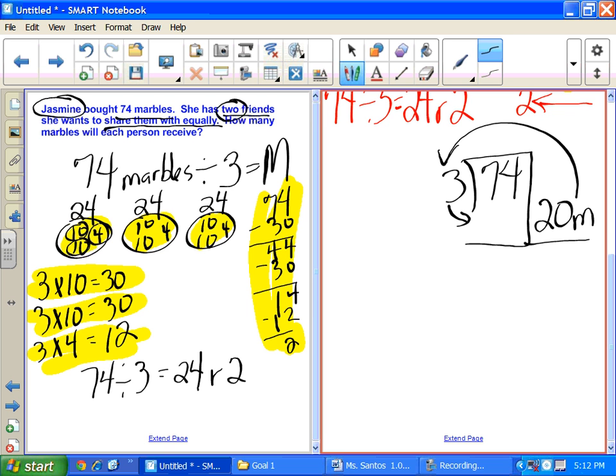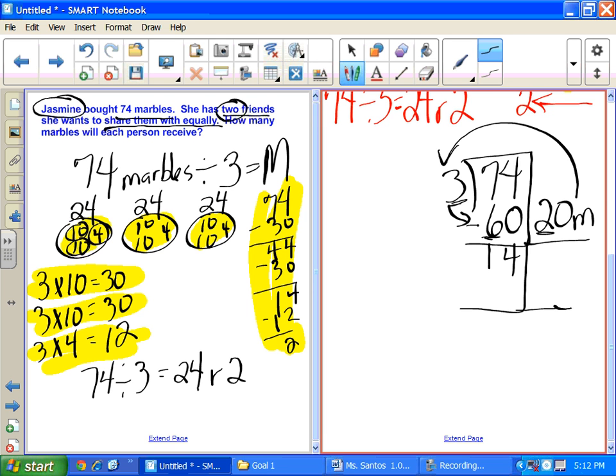That would use up 60 marbles, because we know 3 times 2 is 6, and there's a 0 in my factors, so 3 times 20 is 60. That would leave 14 marbles.